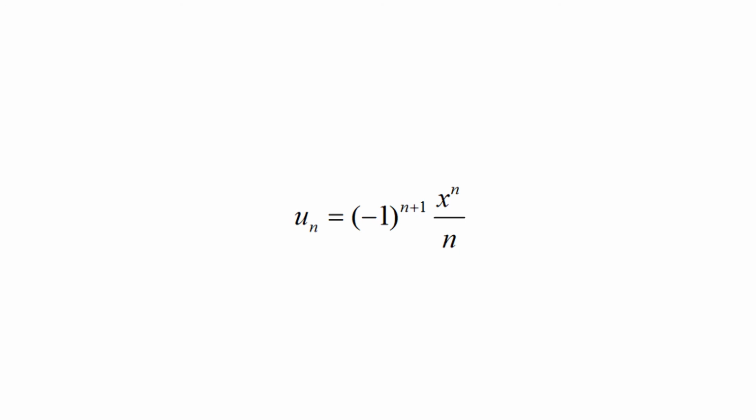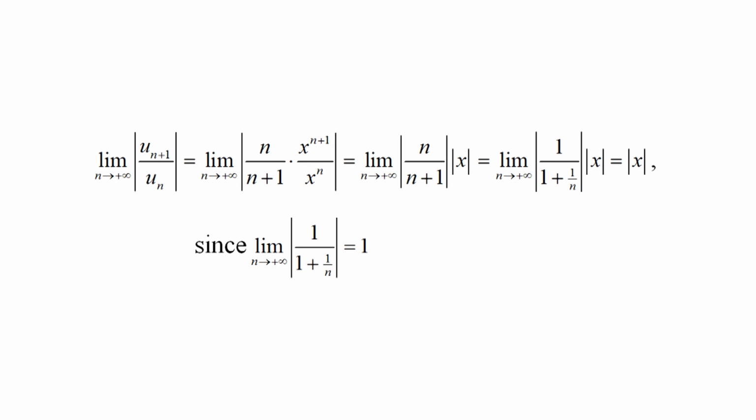Then, for a fixed x, limit of absolute value of un plus 1 upon un as n approaches infinity is limit of absolute value of n upon n plus 1 into x power n plus 1 upon x power n as n approaches infinity, which is equal to limit of absolute value of n upon n plus 1 into absolute value of x as n approaches infinity, which is equal to limit of absolute value of 1 upon 1 plus 1 upon n into absolute value of x as n approaches infinity, which is equal to absolute value of x, since limit of 1 upon 1 plus 1 upon n as n approaches infinity is 1.